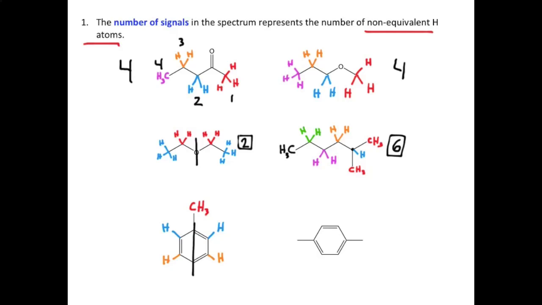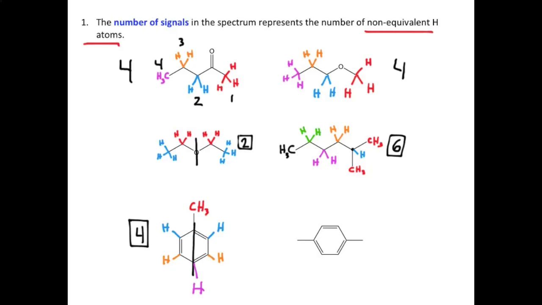Same as we move down. And then at the bottom, another H. So if we count these, 1, 2, 3, 4, toluene will have a spectrum that has 4 signals in it.